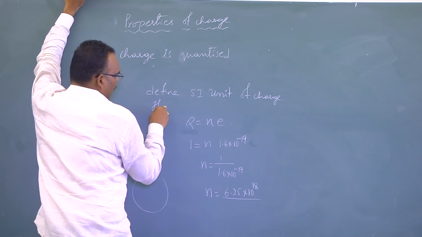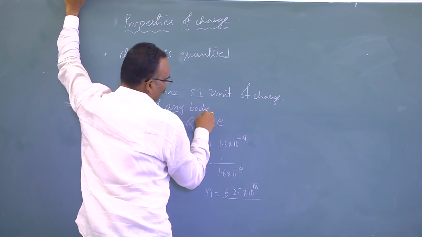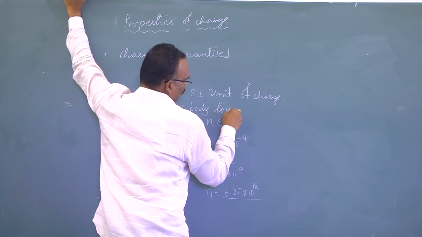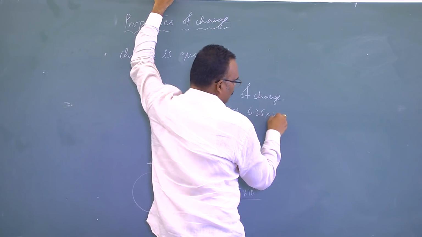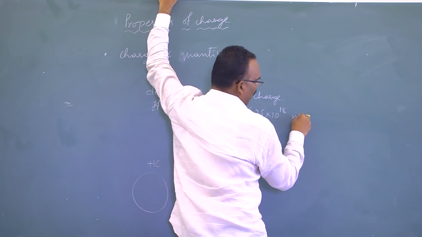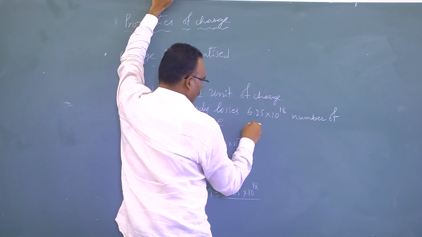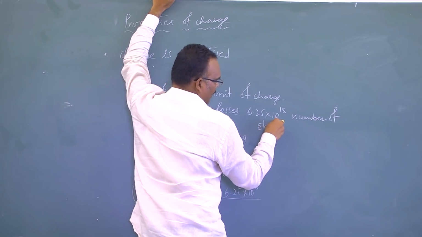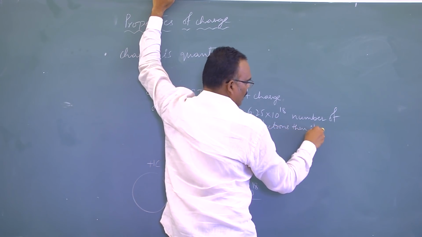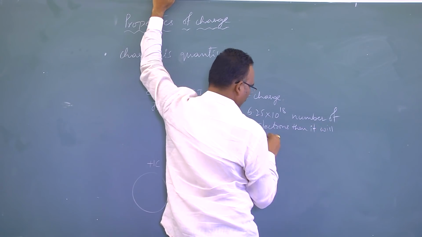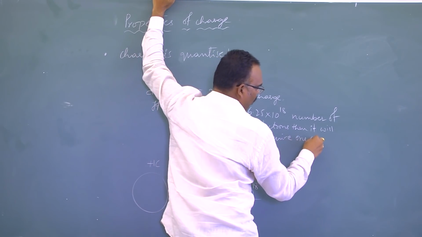If any body loses 6.25 into 10 to the power of 18 electrons, then it will acquire 1 coulomb of charge.